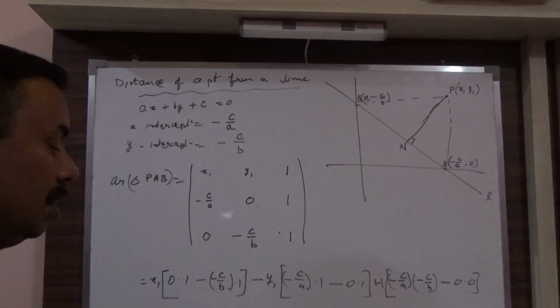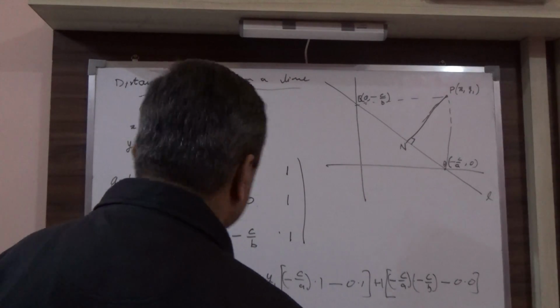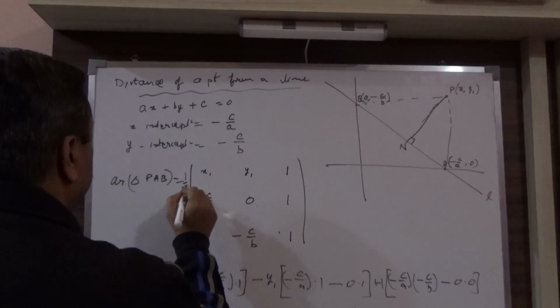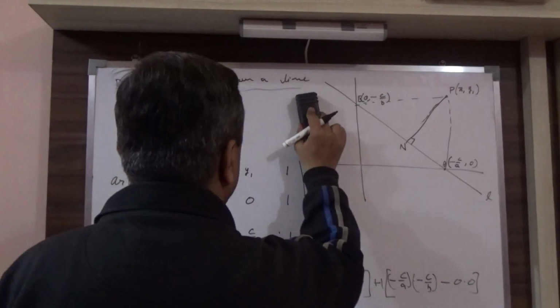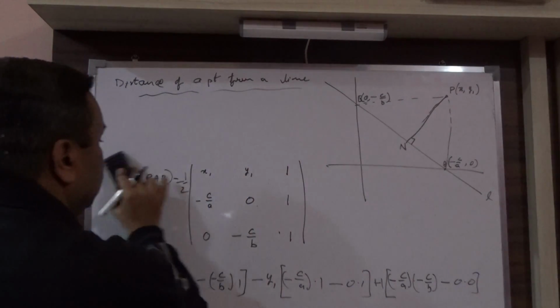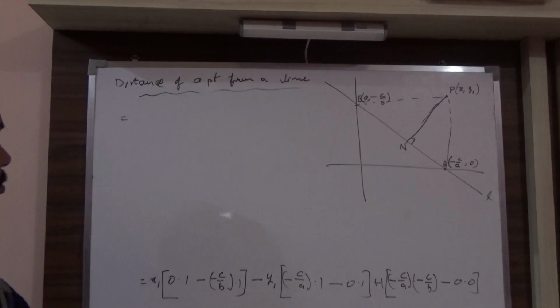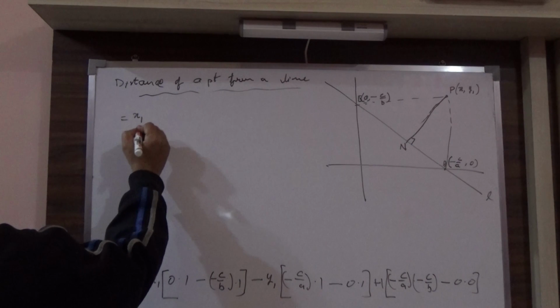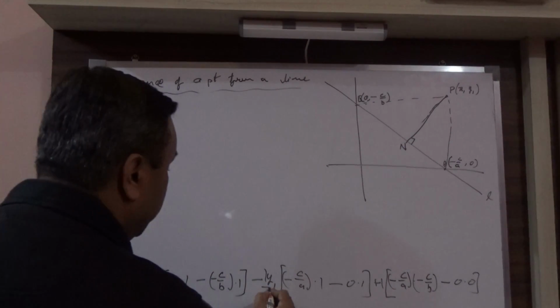So once you make it, it was half also there. What we get? All will be multiplied by half.